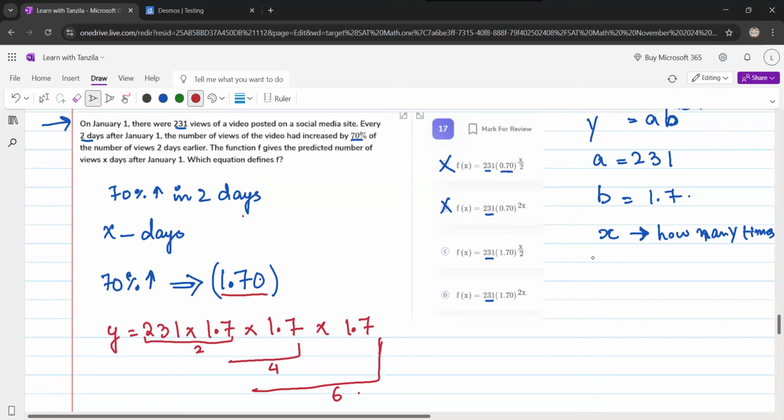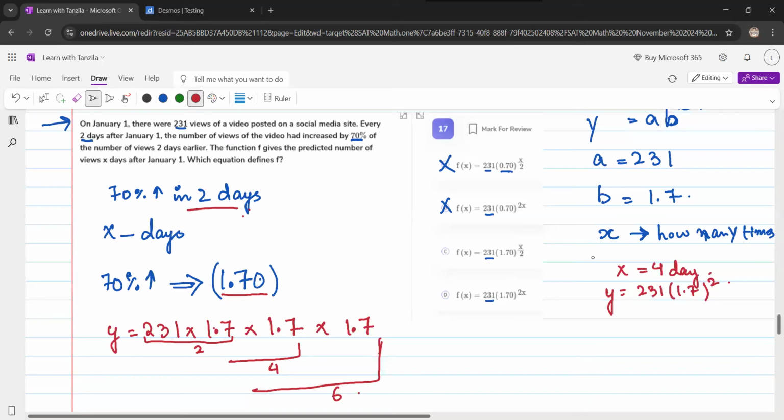So you have to write x in the power such that when it's 4 days, you should have 1.7 to the power 2. When x is equal to 4 days, your equation should be y equals 231 times 1.7 squared, because you just need to multiply 2 times, since it's 70% in 2 days.